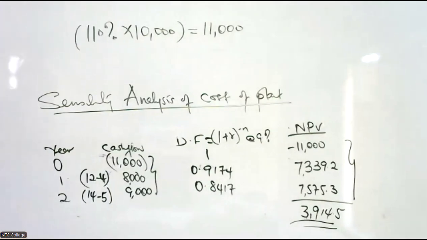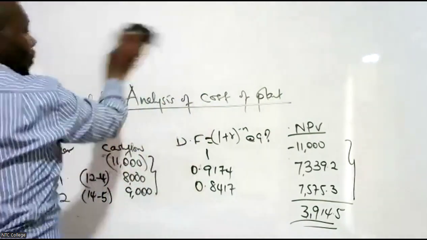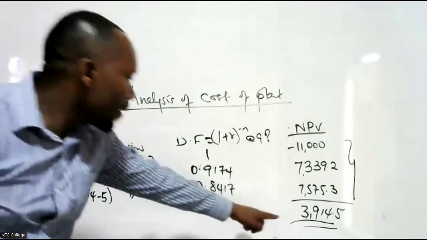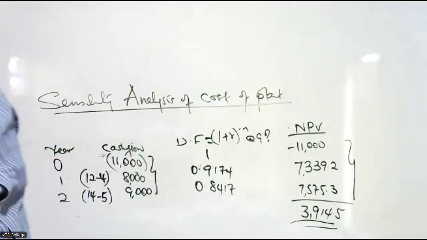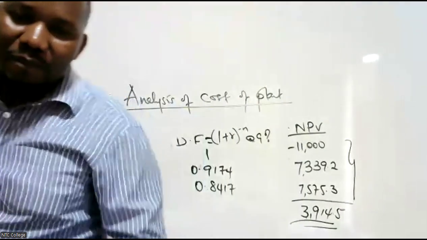So for our percentage change, is it adverse or favorable? The old NPV was 4,914.5 and the new one is 3,914.5, so it will be adverse.